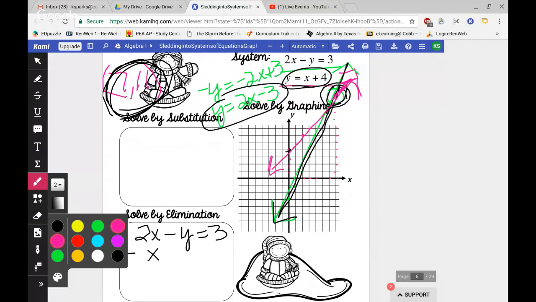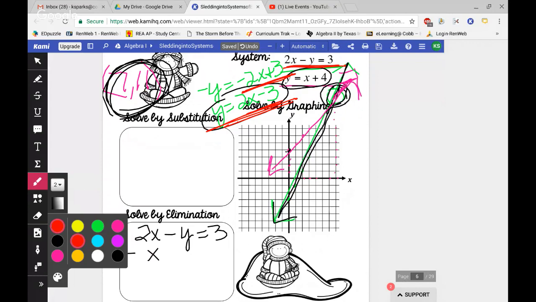Okay. So you'll start by, because you've already solved by substitution, if you know that the point at which they're going to intersect is going to be at the point 7-11, even though I know this right here, this line, actually it'll be this right here.